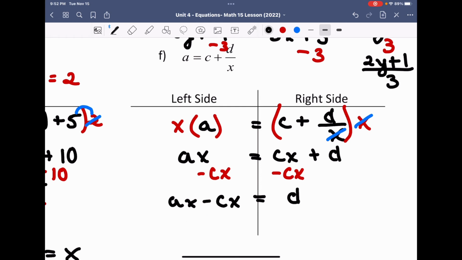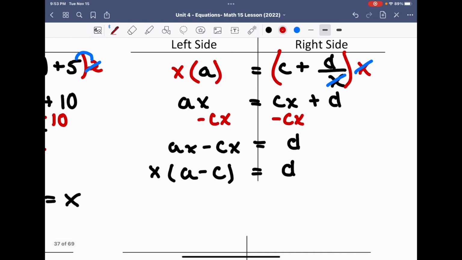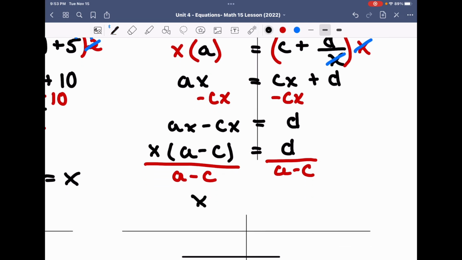From polynomials, we knew to factor out an x, or take some x and place it out front. x times a minus c is equal to d. If anything's being multiplied to x, what do we typically do? We divide by that value. So I'm going to divide both sides by a minus c, therefore giving me a solution of x is equal to d over a minus c, because we have a common factor on the left of a minus c.